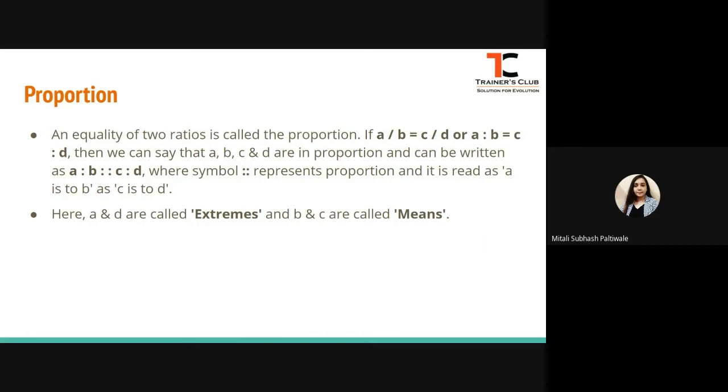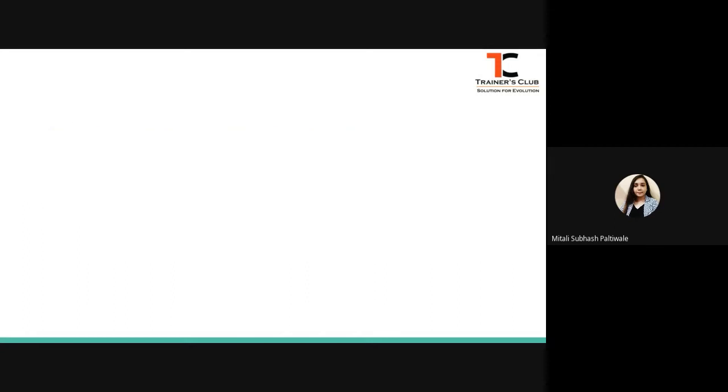You might have seen this many times with our analogy thing. So it's just similar to analogy. Now let's move a little more ahead with the basic rules of proportion.